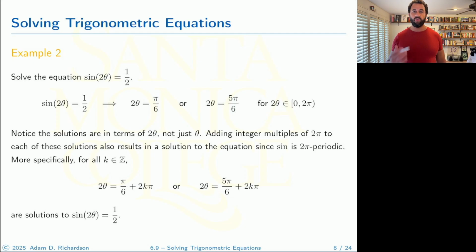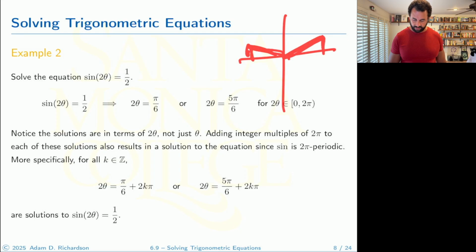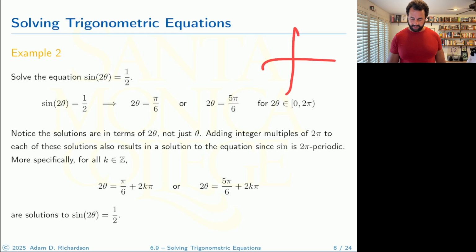We're asking what angle has a sine value of 1/2. Imagining the unit circle, if the sine value is 1/2, there's this angle and there's this angle, because that's the short leg. So that's going to be pi over 6 and 5 pi over 6.